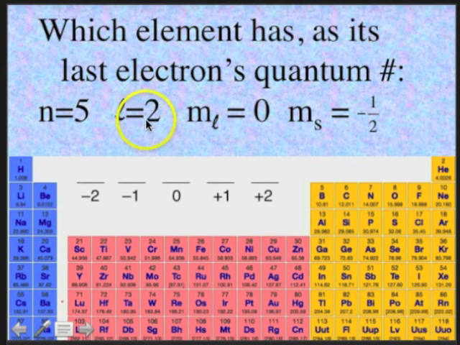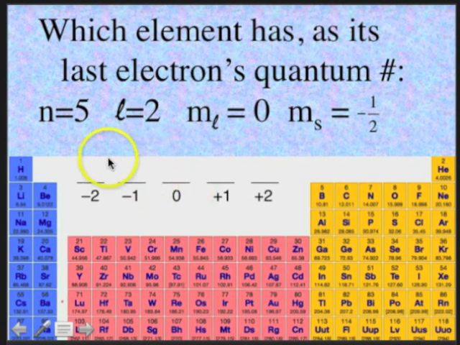And therefore, we have 5 degenerate d orbitals to fill in: -2, -1, 0, +1, and +2. We see that m sub l is 0, so our last electron is going to end up right here in the 0. And we also see that the m sub s is -1/2, which means the spin is going to be pointing down, not up.